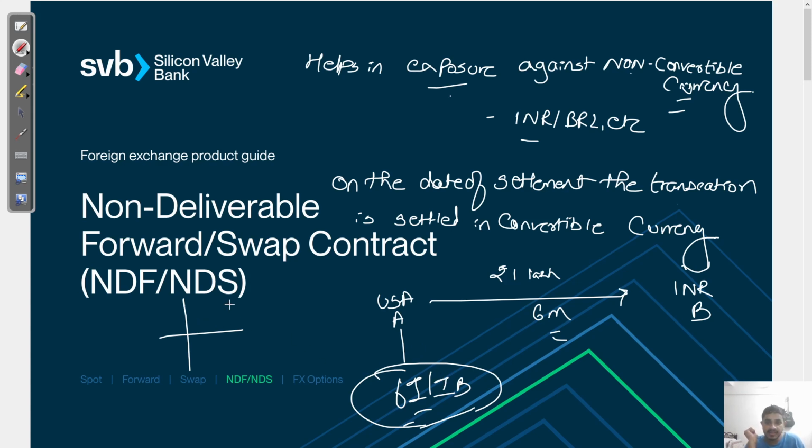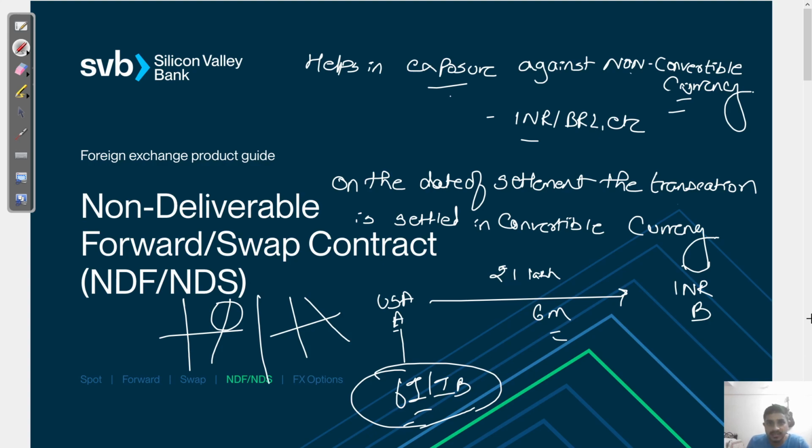That means if it's a long contract and it's in profit, USA company A would be paid in USD by the financial institution. Or on the date of settlement, if company A is at a loss on the contract, then it has to pay the difference to the financial institution in USD.